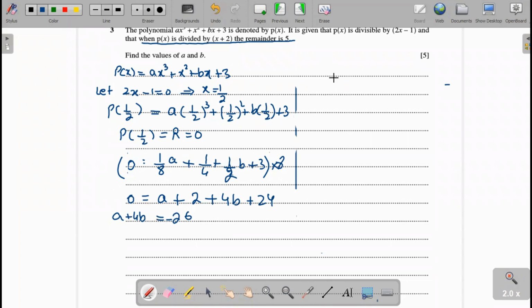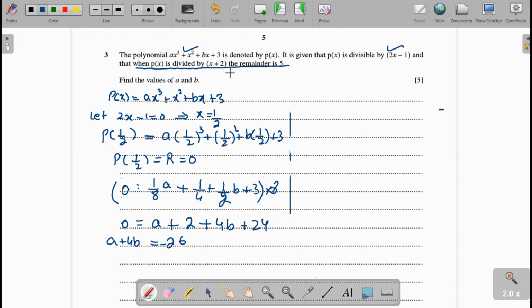Now the second statement: when p of x is divided by x plus 2, the remainder is 5. Now here p of x is ax cubed plus x squared plus bx plus 3. You see that p of x is divided by x plus 2. The remainder is 5. We use the factor theorem.